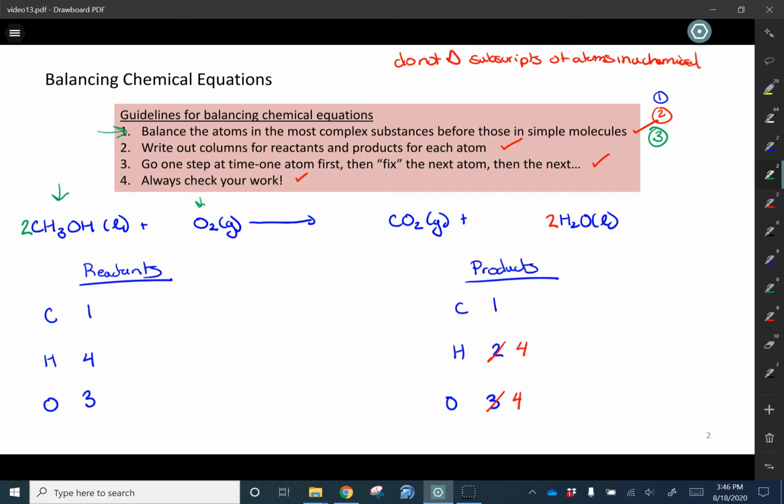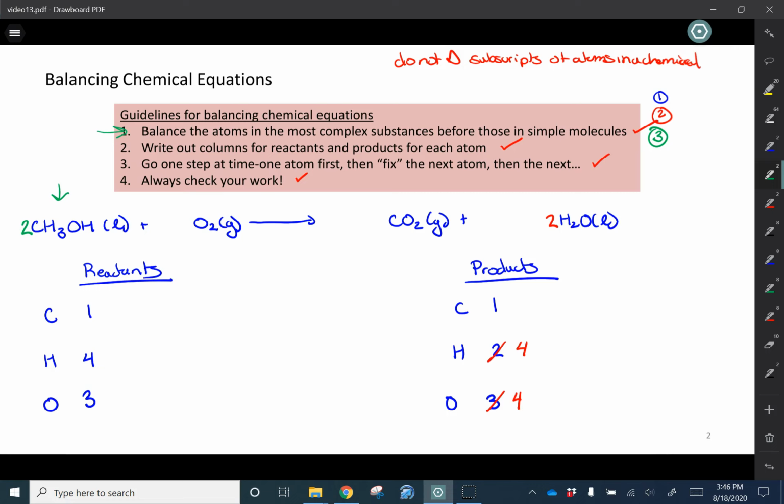The last thing I want to do is the easiest, simplest thing, and O2 is the easiest, simplest thing I've got. And I know that just doubling by just putting a 2 there, I'm not going to fix it. I'm going to have some more steps to do. If I knew that by putting a 2 there, I would fix the whole thing, then I would go ahead and do it. But if you tried it and counted it, you'd realize that that's not going to work.